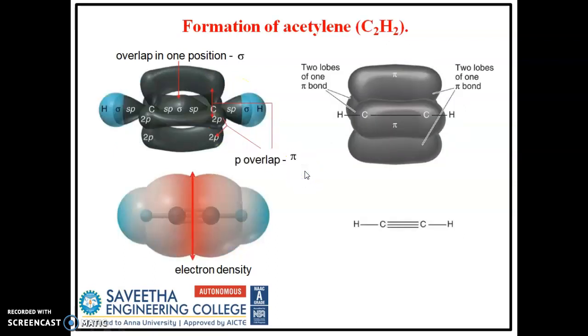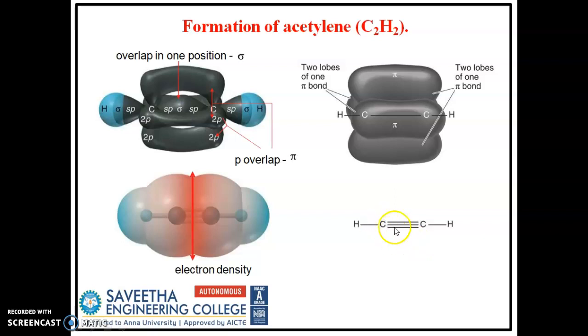Next, the formation of the acetylene molecule, and here the formula is C2H2. There are two carbon atoms and two hydrogen atoms. Here you can see three bonds between carbon and carbon, and in that, one is a sigma bond and the other two are pi bonds.